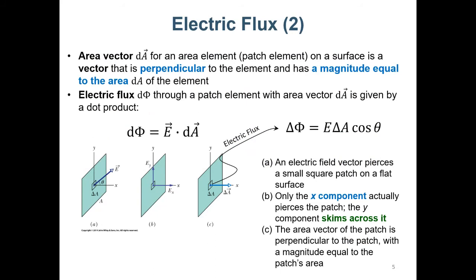So we try to go deeper into this concept, which is the electric flux. We define it in a physical way, from a physics point of view. So we have the area vector dA, which is a vector, so it has a direction and a magnitude.